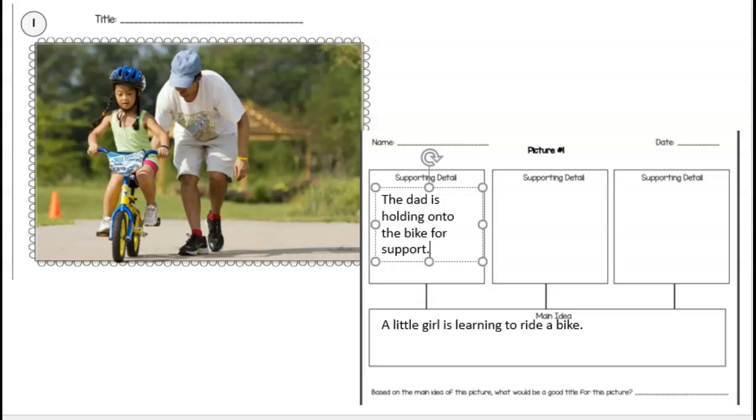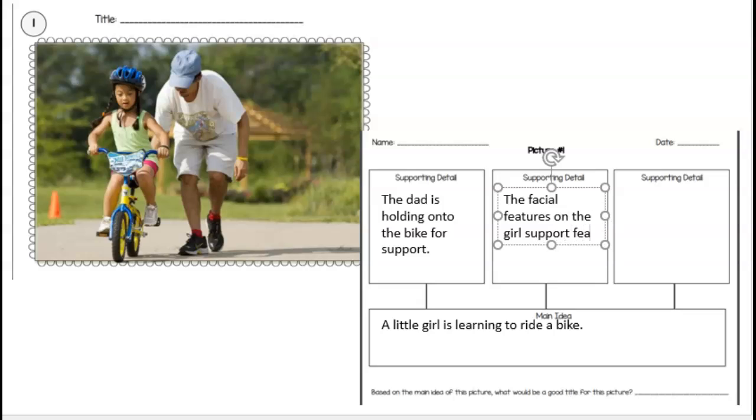Number 2, what else do I see in the picture that makes me think that she's just learning? The facial features on the girl support fear. She looks just a little bit unsure of herself, a little bit afraid. So I believe that she's scared.